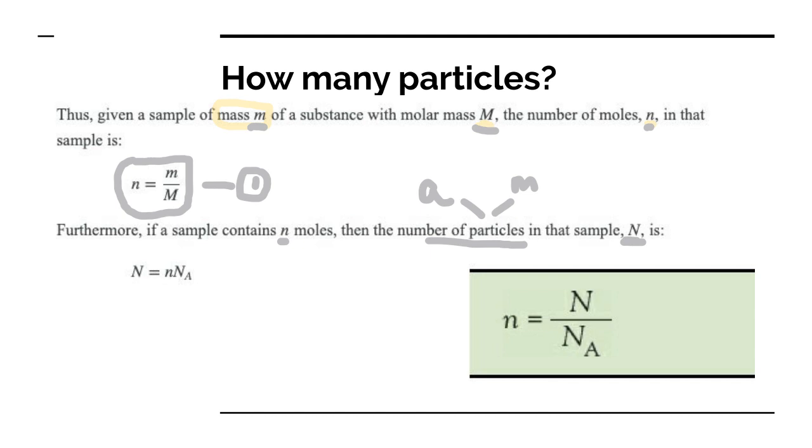Well, if we know Avogadro's constant, which we do, it's a constant, it's on the data booklet, and we know the number of moles, then we can find the total number of particles by multiplying the number of moles and Avogadro's constant. The equation is actually in the data booklet, but it looks like this.